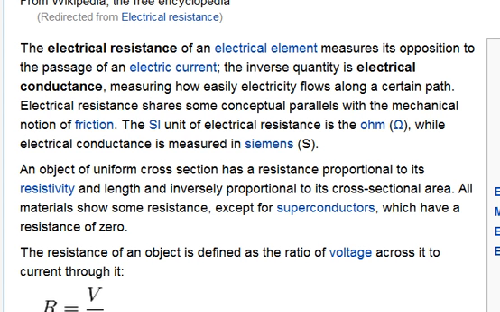An object of uniform cross-section has a resistance proportional to its resistivity and length and inversely proportional to its cross-sectional area. All materials show some resistance except for superconductors, which have a resistance of 0. The resistance of an object is defined by the ratio of voltage across it to current through it.